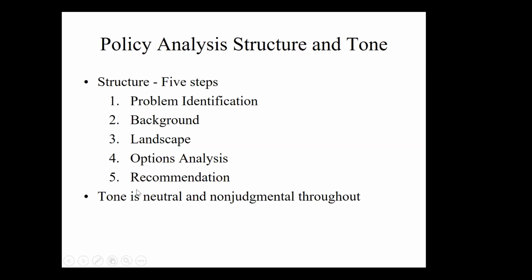So that's what should be in the background. Not a long, tedious discussion of Medicaid, but just the pertinent facts, explaining to the reader where we are and why this is an issue for Oklahoma at this point in time. Okay, it's a great question. Are there other questions so far?